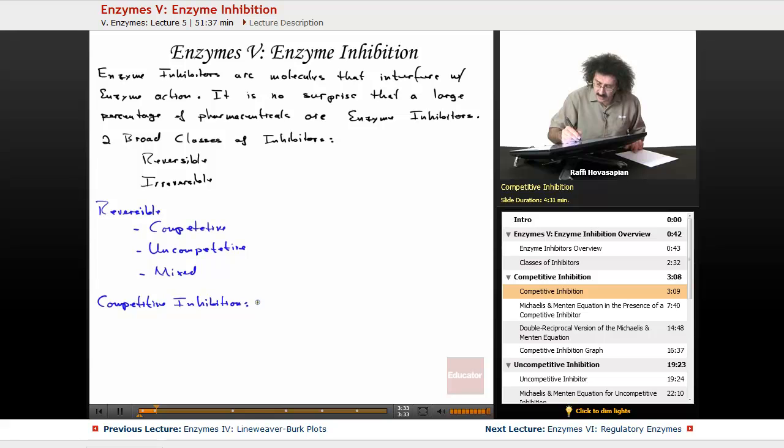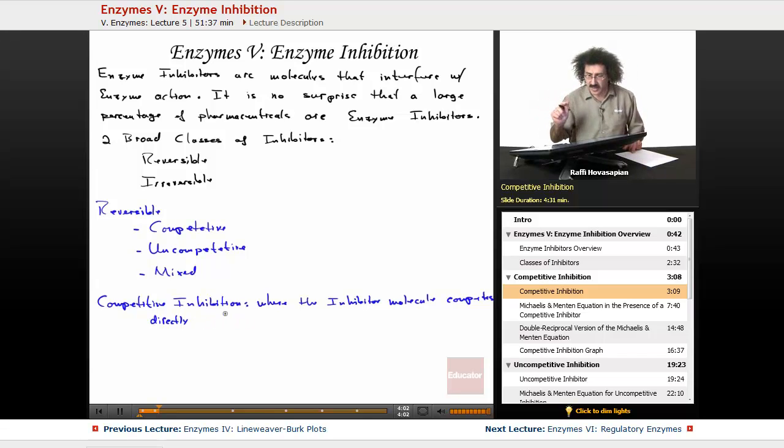It's where the inhibitor molecule competes directly with the normal substrate for binding to the active site.